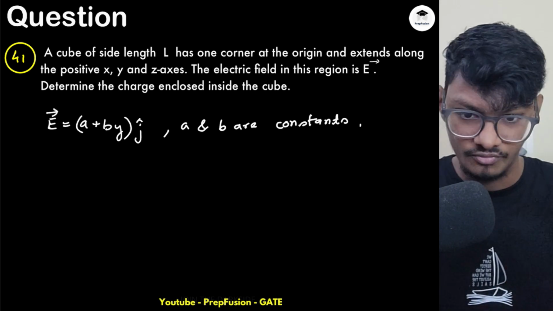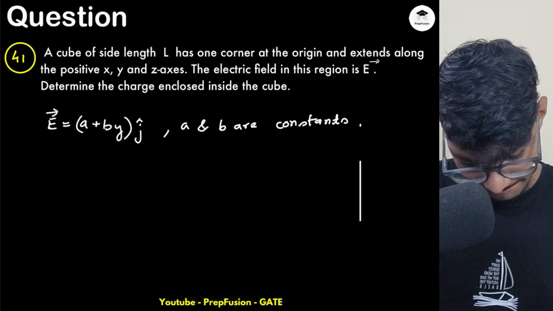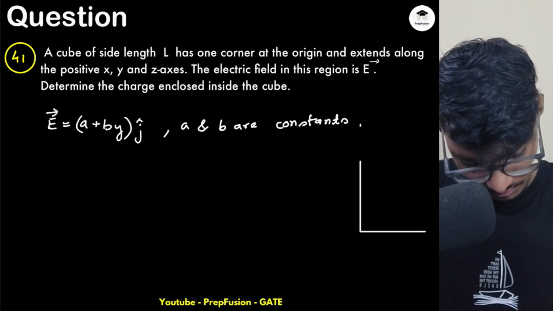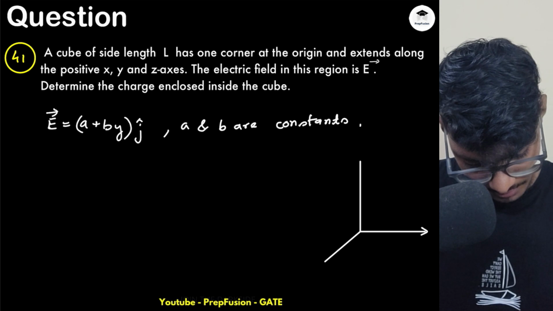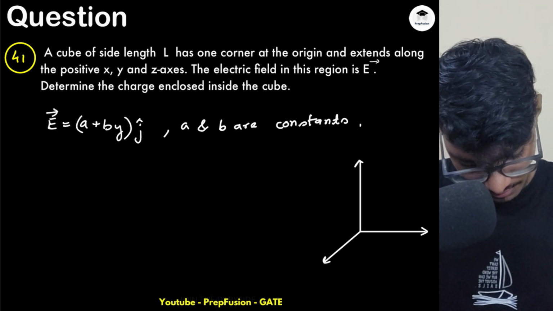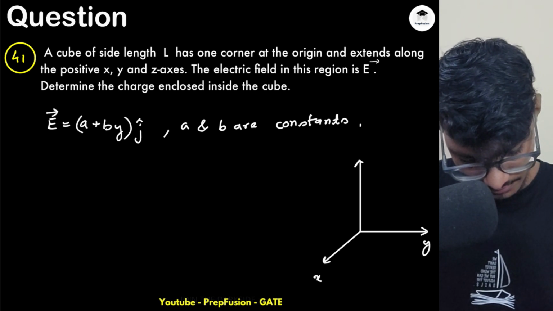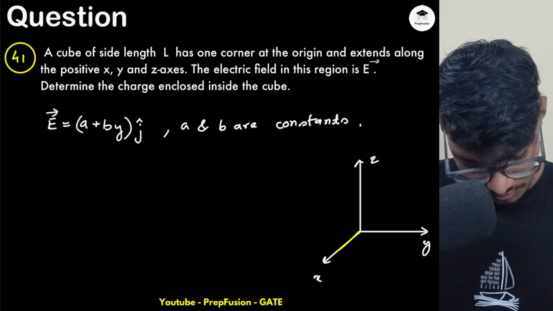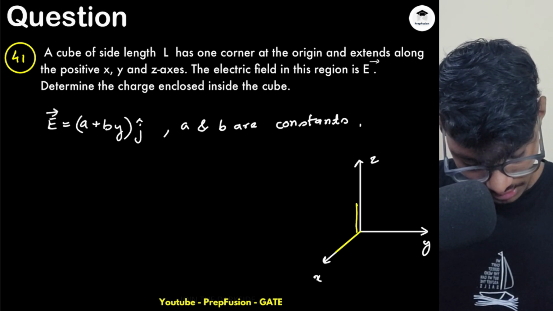It is like a cube extending out from the corner. So one end is the corner at the origin and the other ends are extending.